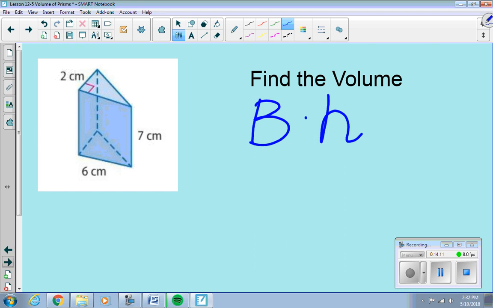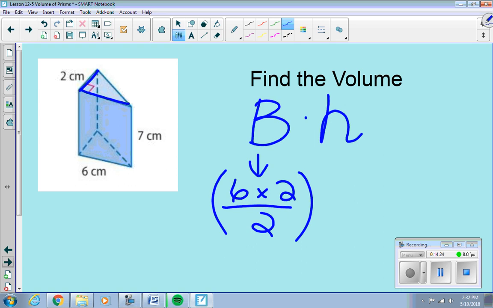So what are some of the things that I know about this? 6 times 2 divided by 2. Now that's big B. That's the area of my triangle. I have to do that first because that's going to tell me the layer that is.